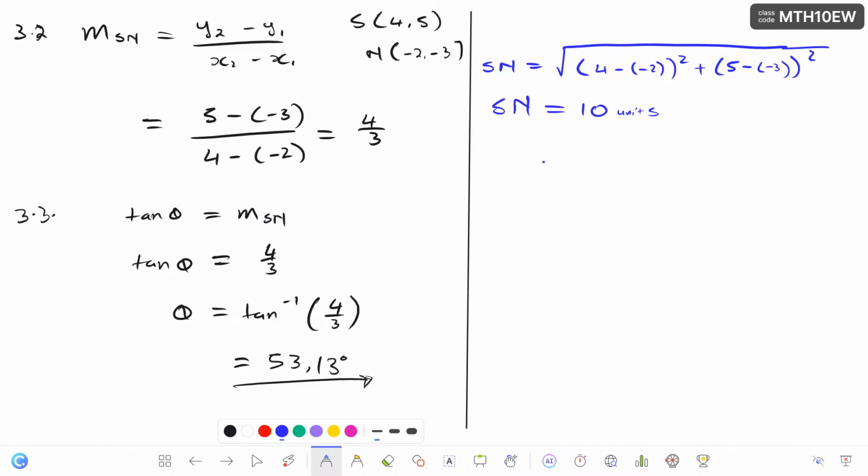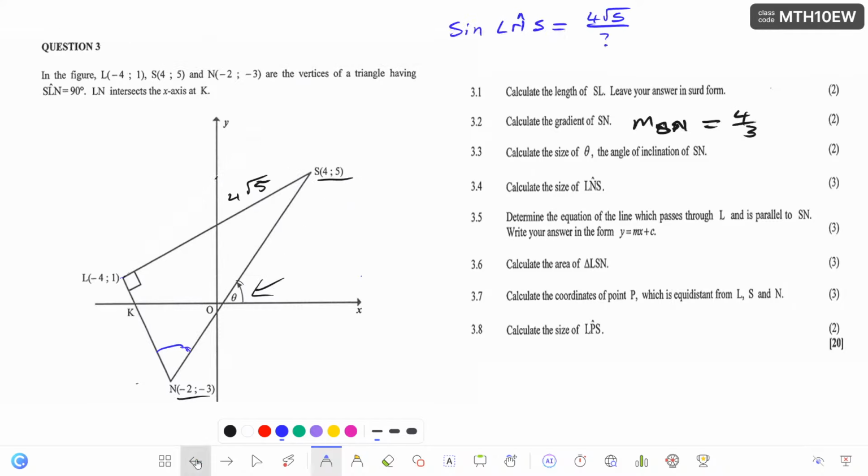So okay, now I can simply say sine of LNS is equal to 4 root 5 over 10. Remember, I'm going to use this one as I analyzed this diagram and concluded that since it's a right angle triangle, I can use the trig ratios.